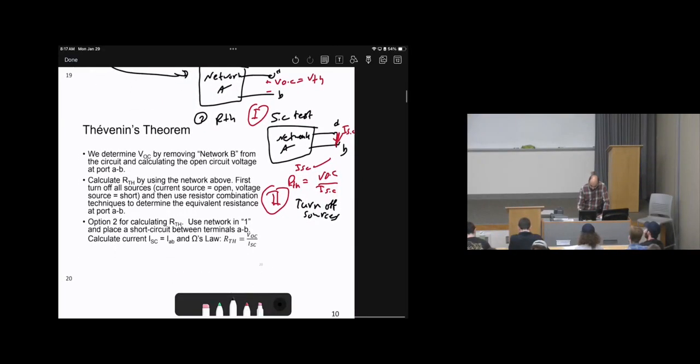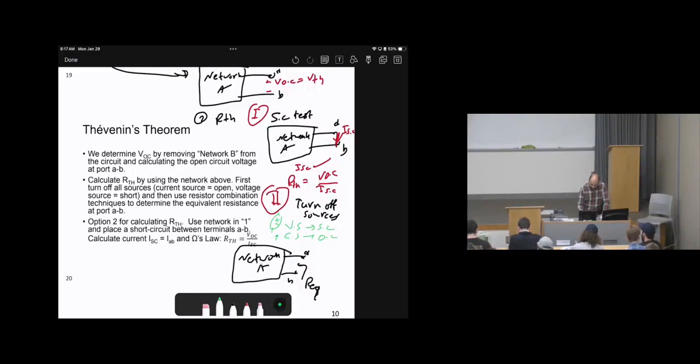You will take network A, then you need to find R equivalent across the terminals A and B. Since we have sources, any voltage source will be a short circuit, any current source will be an open circuit. Voltage source like this, current source like this.